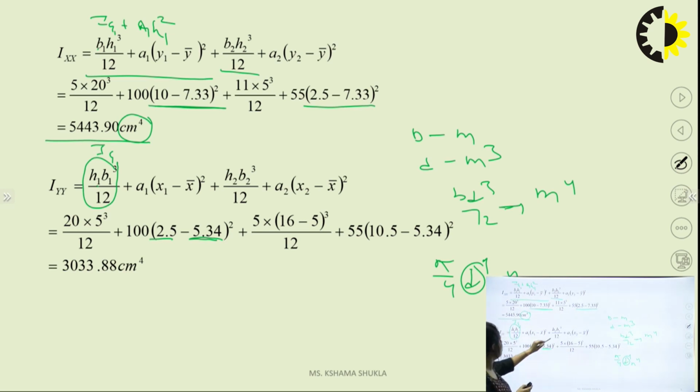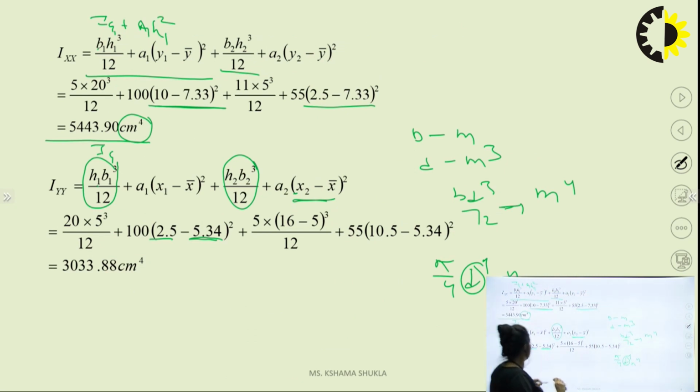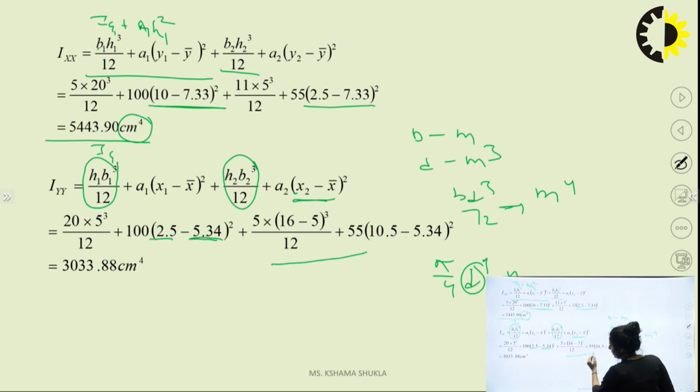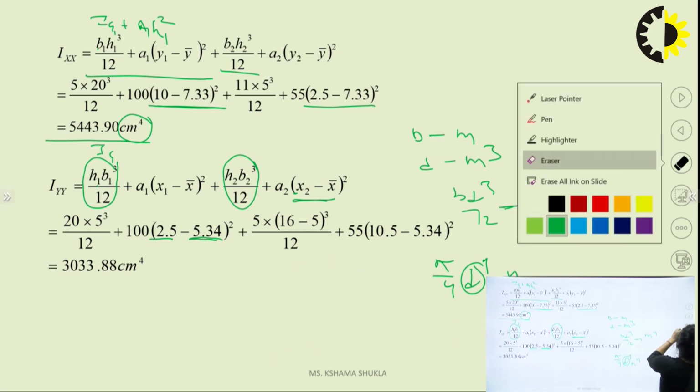So what do we need to do? First of all, this is simple again. We need to find this value again. Let me make a new diagram.